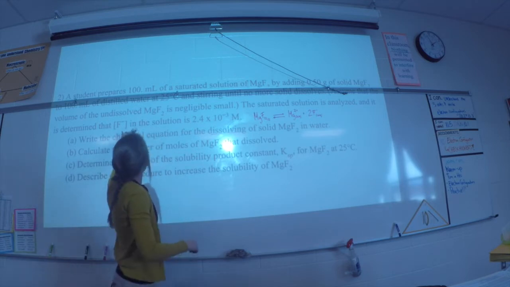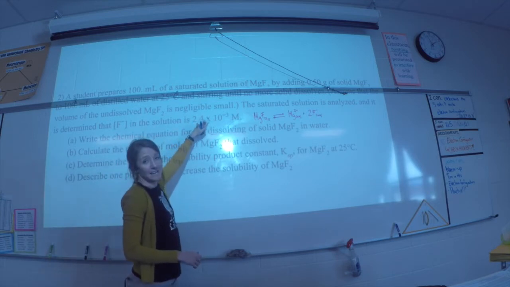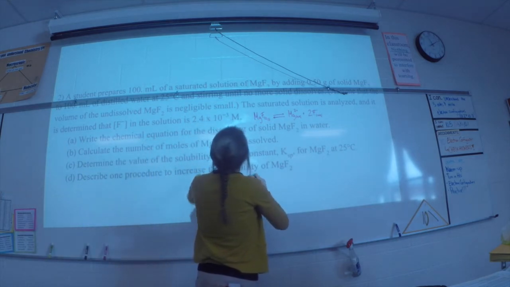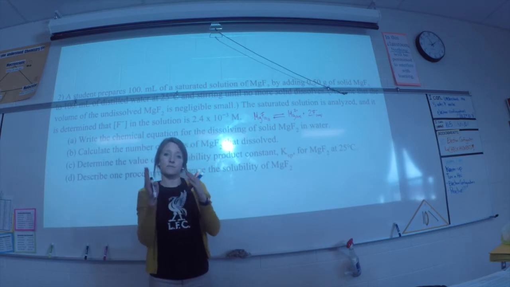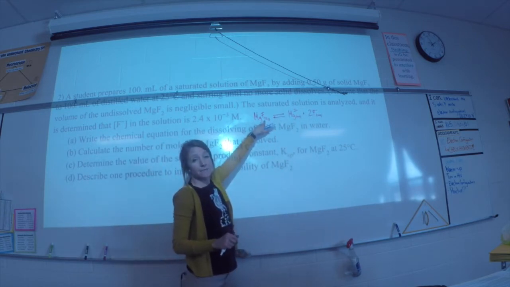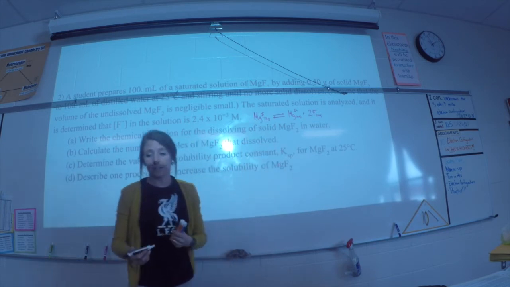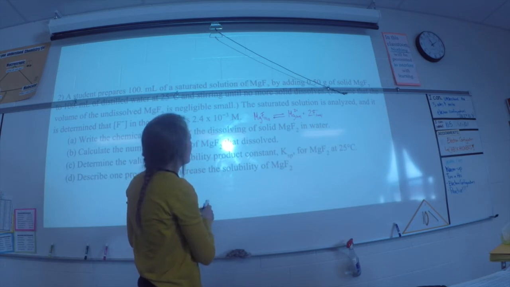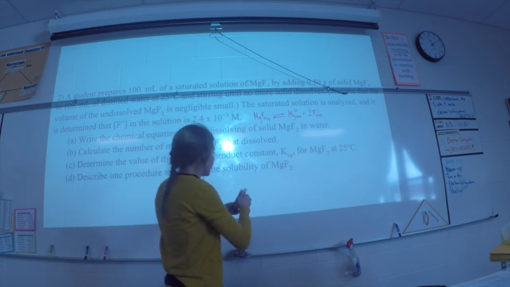The thing that we know is how much F- is floating around. So if I take the molarity of my F-, I can convert that back to see how much MgF2 actually did dissolve. So what was my volume here? 100 milliliters.